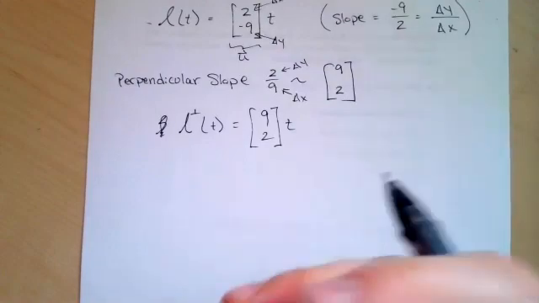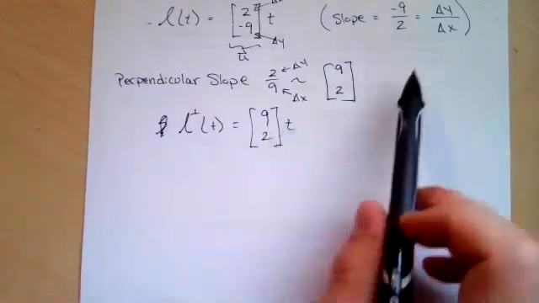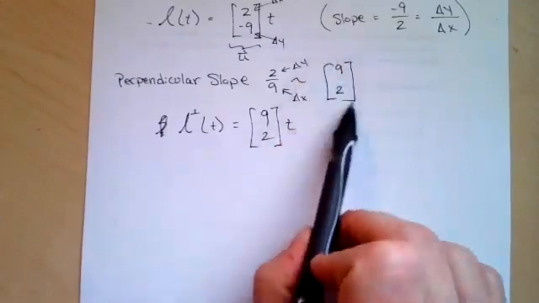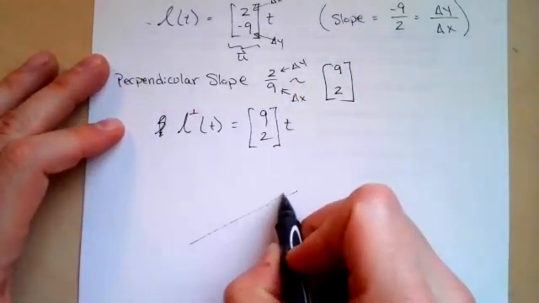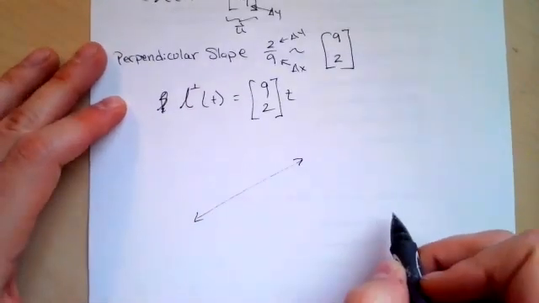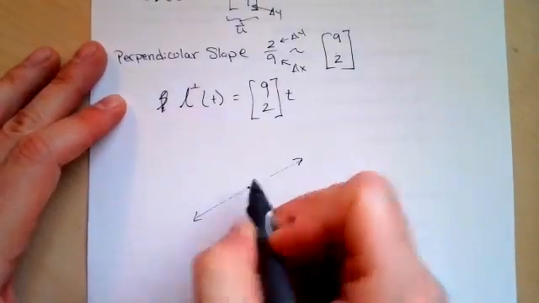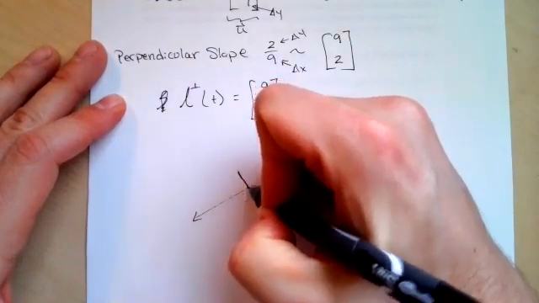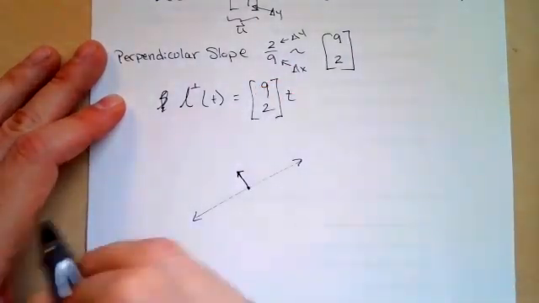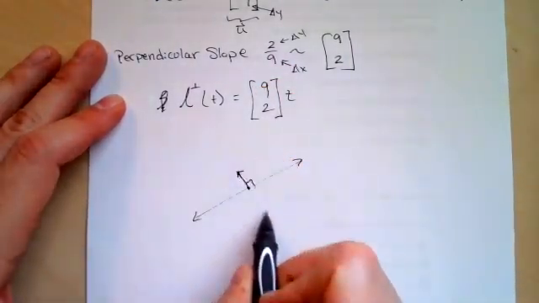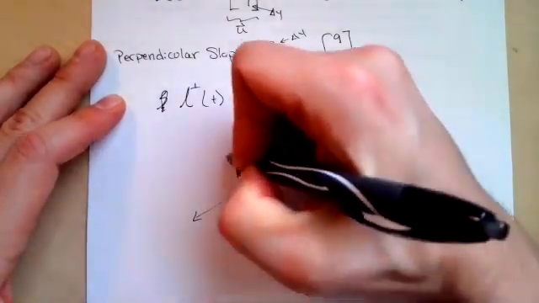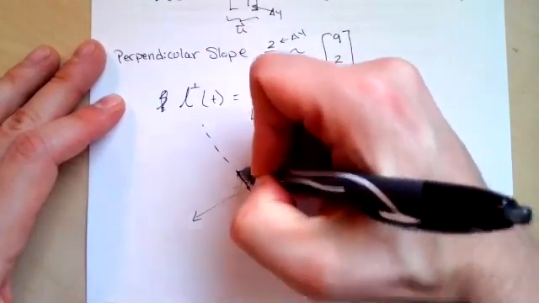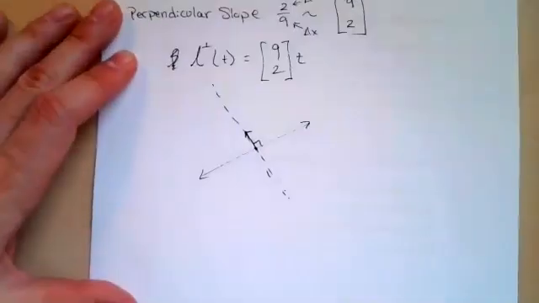If we wanted to find all vectors that are orthogonal, we would take scalar multiples of this guy. Once we have one line or one vector in a 2-dimensional plane, as soon as I find one vector that is orthogonal to it, then every other vector that is orthogonal is going to be along that line. So it's going to be a scalar multiple of that vector.